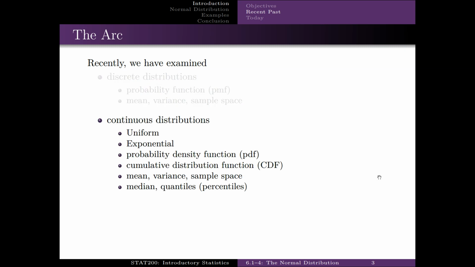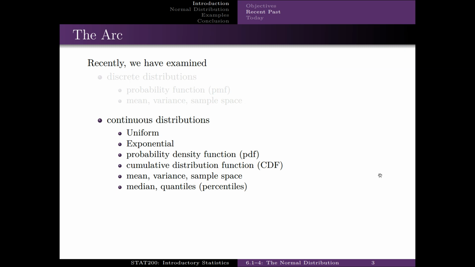Chapter 6 looks at continuous distributions. I introduced the uniform distribution so you get an idea that probabilities for continuous distributions were actually areas under the PDF curve, which meant the PDF curve values were not probabilities, they were probability densities or likelihoods.